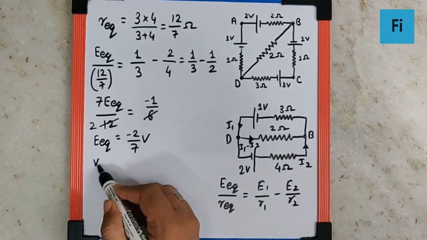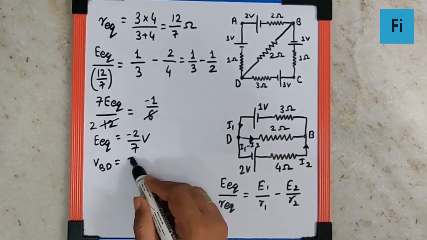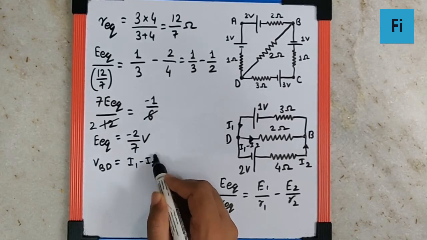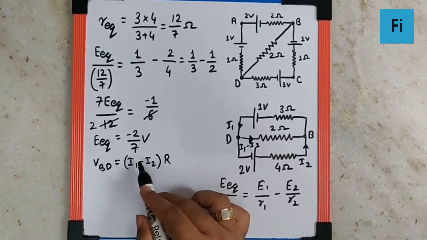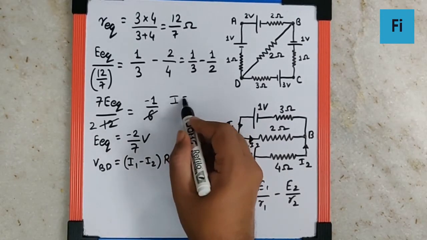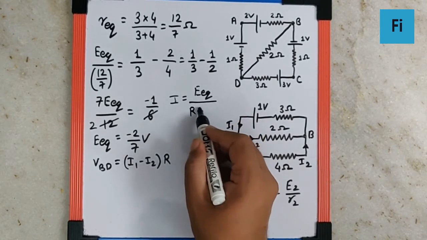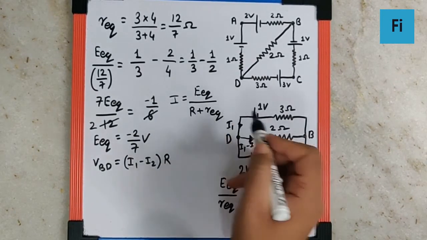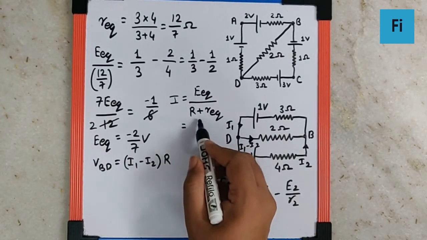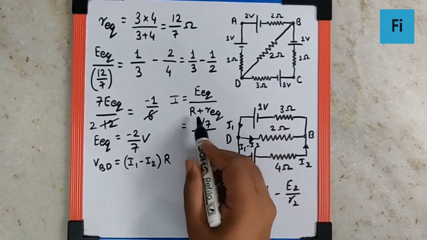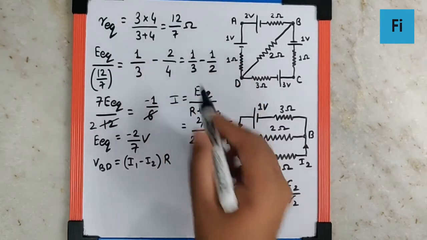So V between B and D is going to be I1 minus I2 into R, and that I1 minus I2 is nothing but I, which is equal to E equivalent upon the external resistance plus the internal equivalent resistance, which is 2 by 7 upon capital R as 2 and R equivalent, which we already got as 12 by 7.